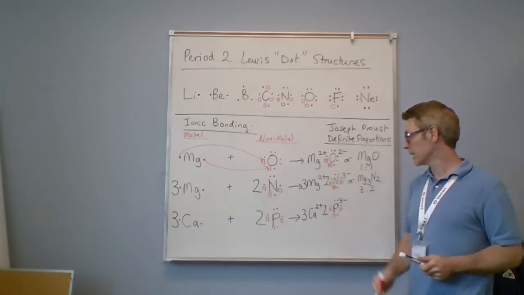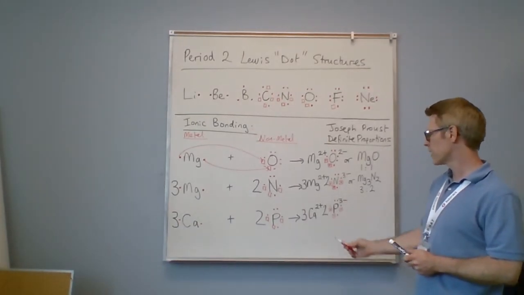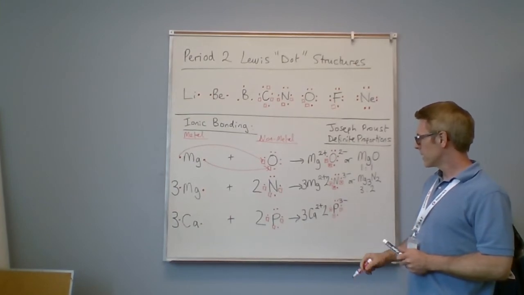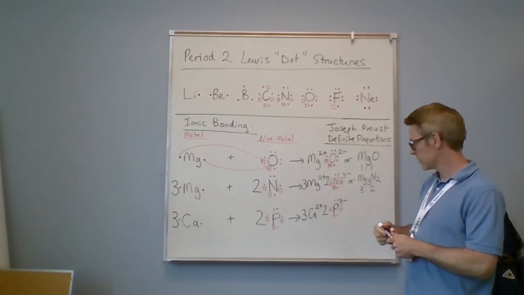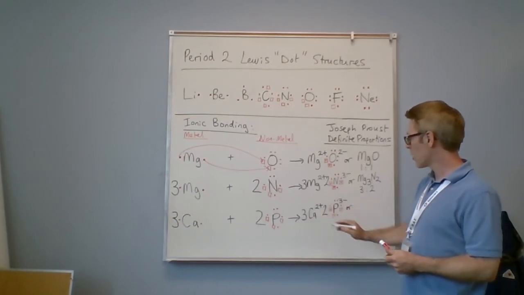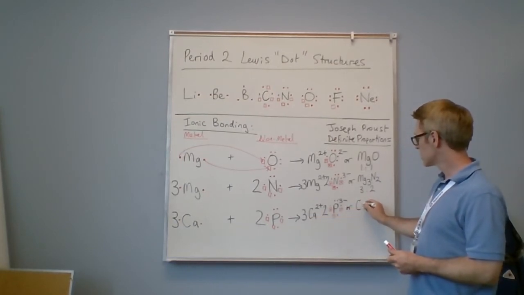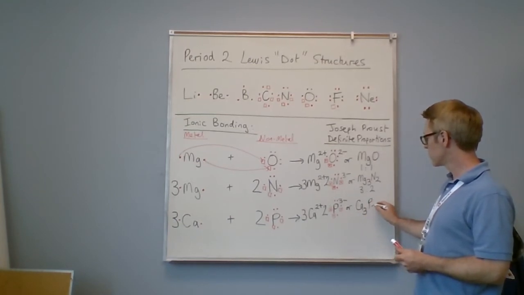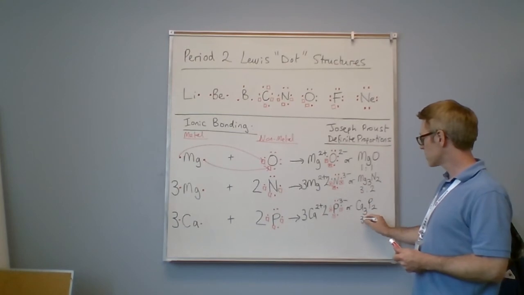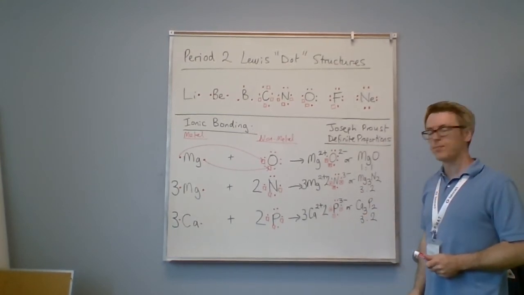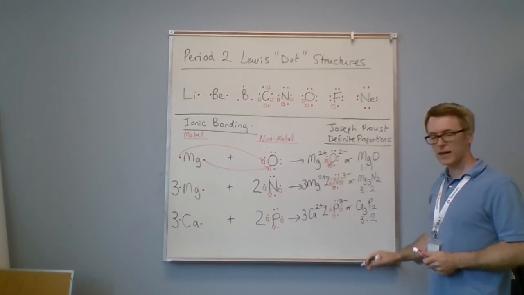Each accepted electron contributes to a negative charge. So I have 6 positives and 6 negatives. A chemist would just write these coefficients as subscripts. So calcium subscript 3, phosphorus subscript 2, and you can see that's a 3:2 Joseph-Proust definite proportion. And that concludes this video.